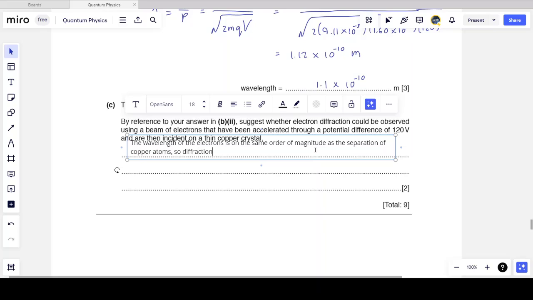So we can use electrons accelerated at 120 volts to undergo electron diffraction and hence determine things about this crystal. So diffraction will be observed.